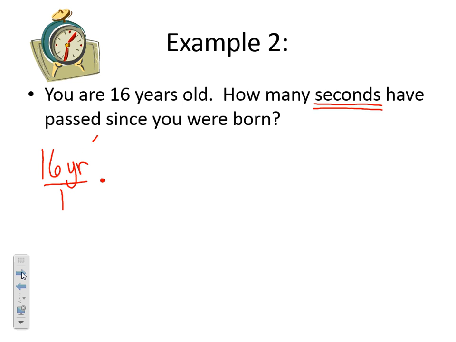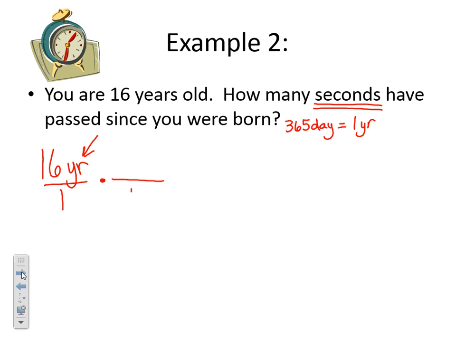So let's start with the fact that we were given years. What's a fact that we know about years? Well, we know there are 365 days in 1 year. That's a fact. I'm going to write that as a fancy form of 1, a fraction.